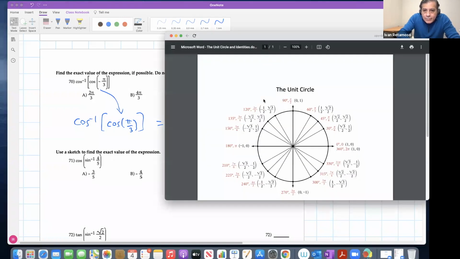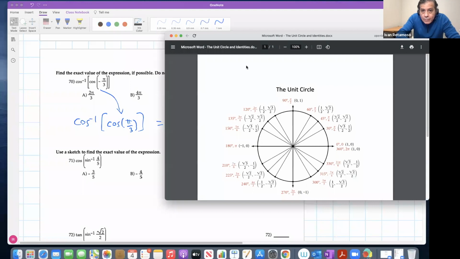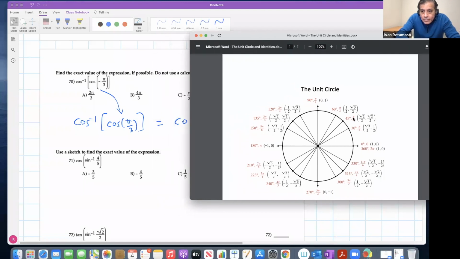Pi/3 is here. Cosine is the first coordinate, the x coordinate, 1/2, right? So it's 1/2 from the unit circle, and cosine inverse of 1/2, the angle whose cosine is 1/2, going back to the unit circle, look for 1/2 here. This has cosine 1/2, right?